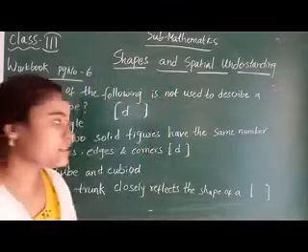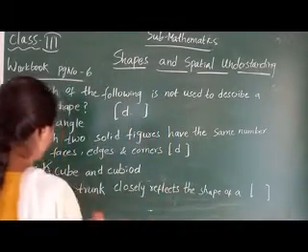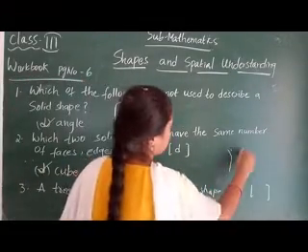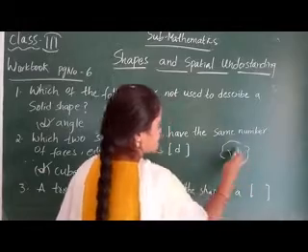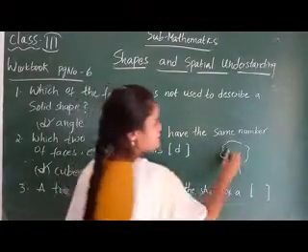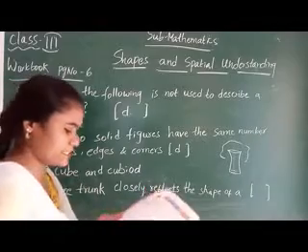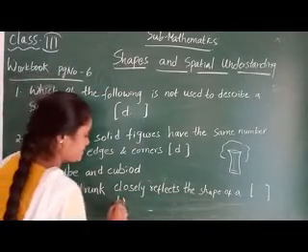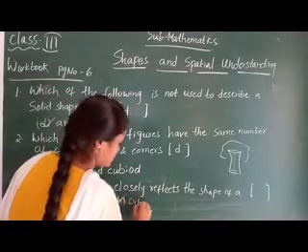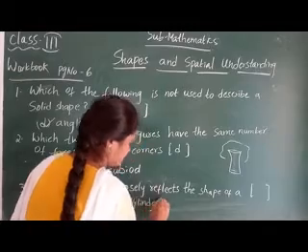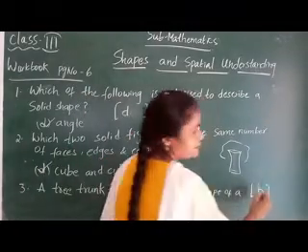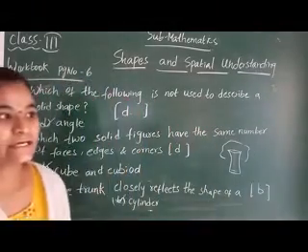See, you know a tree, this one. A tree looks like this, and this is the trunk. Which shape is this one? See, it is a cylinder shape. Cylinder, B. Take this B. Okay.